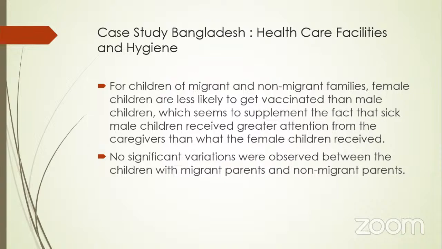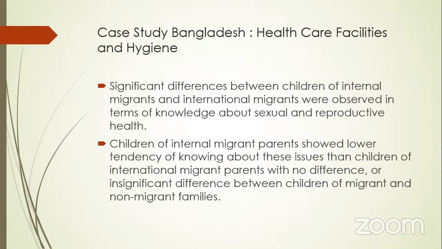No significant variation was observed between children with migrant parents and non-migrant parents. There was a significant difference between children of internal migrants and international migrants in terms of knowledge about sexual and reproductive health. Again, I do not know why. Possibly the parents were talking more, or possibly the parents were spending more time.